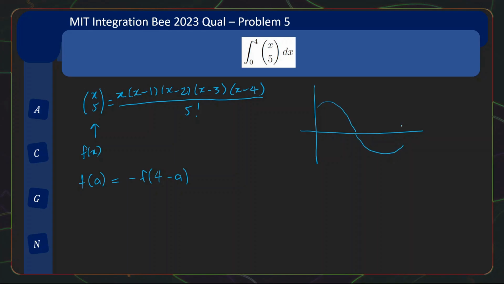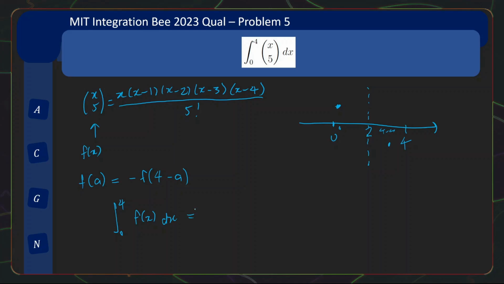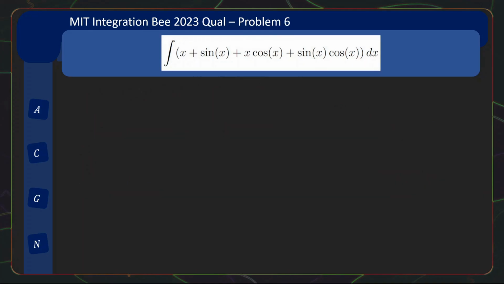Okay, this is not a good idea because there are so many things wrong with that, but basically your function from 0 to 4, if you have some value here at a, the value at 4 minus a is the negative of it. So in some sense, this is like an odd function around x equals 2. So if you have the integral from 0 to 4 of f, where f is basically negative symmetric around 2, then this would be equal to 0.